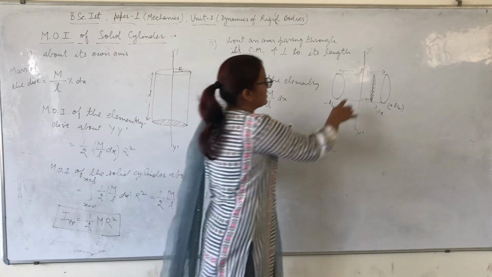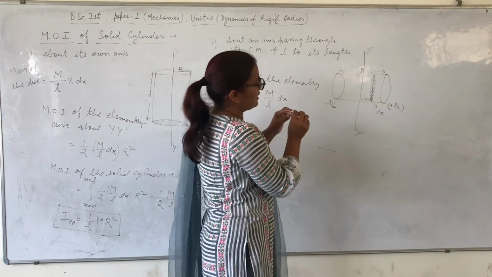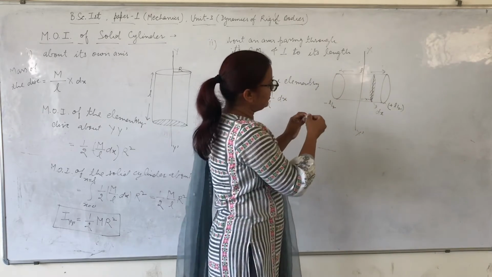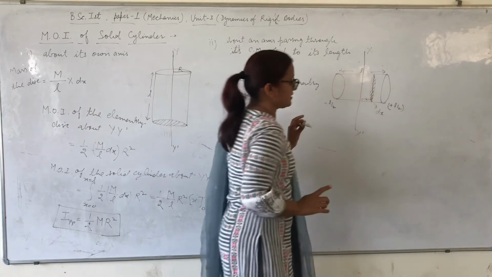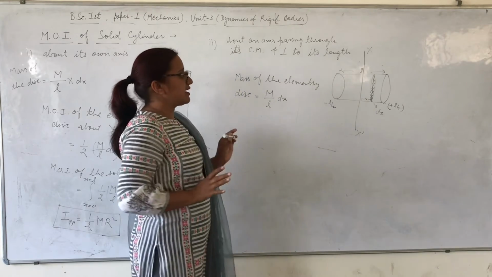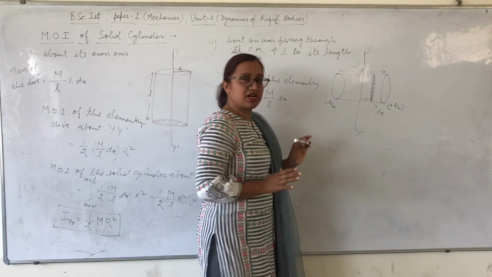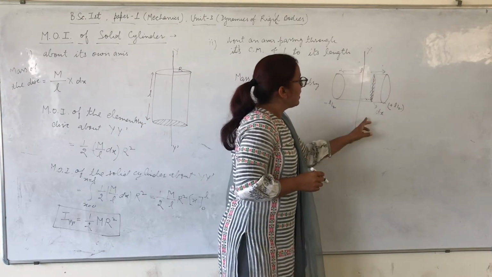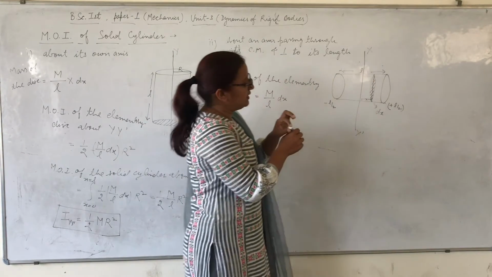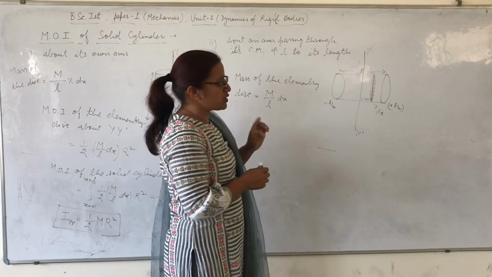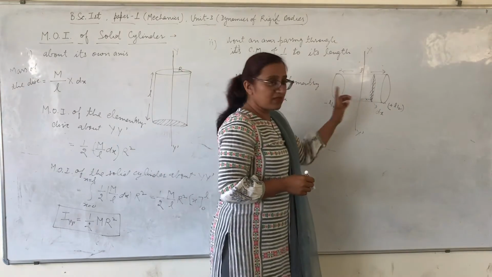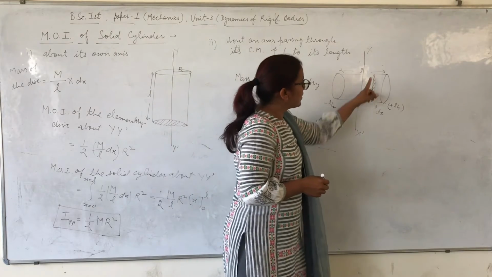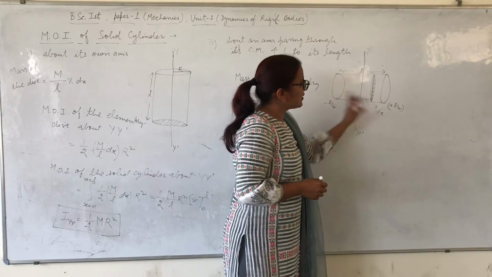Now this axis makes up for the diameter of the circular disc. Previously we have calculated the moment of inertia of a circular disc about an axis which is representing its diameter, and the result was 1 by 4 m r square, where m is the mass of the circular disc and r is the radius of the circular disc.